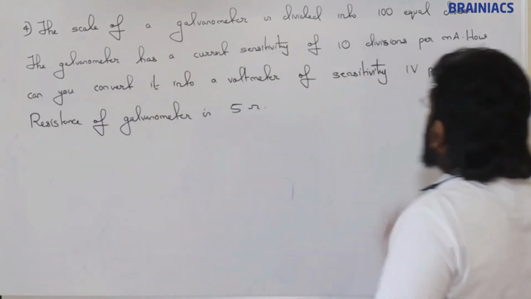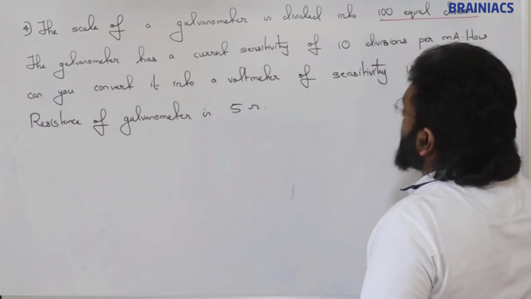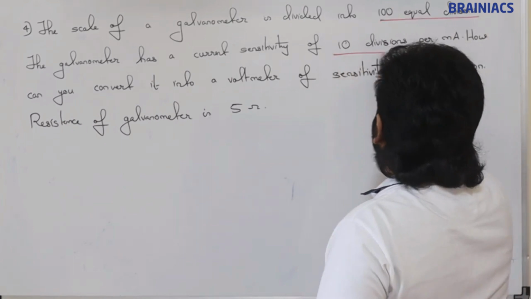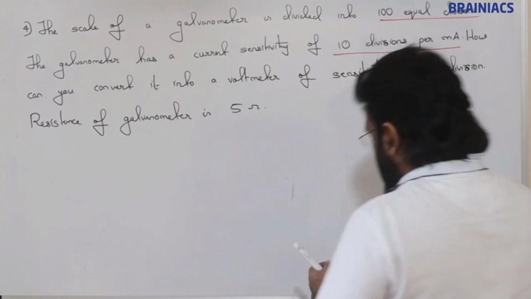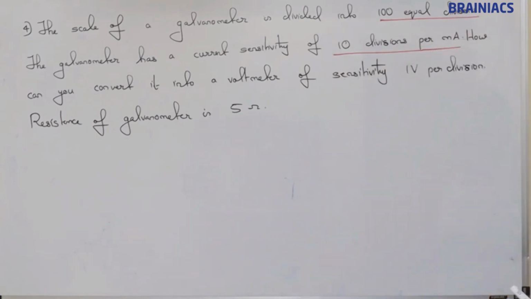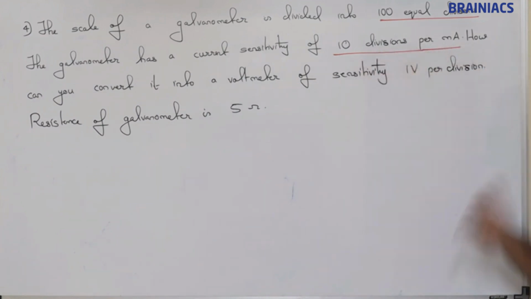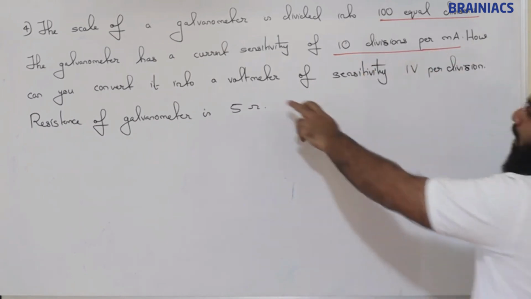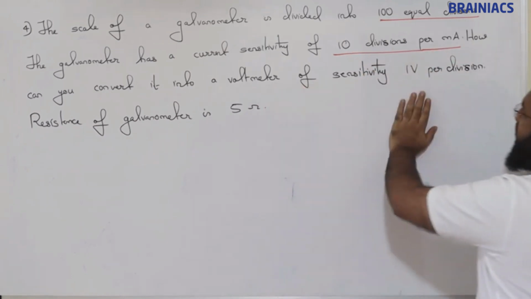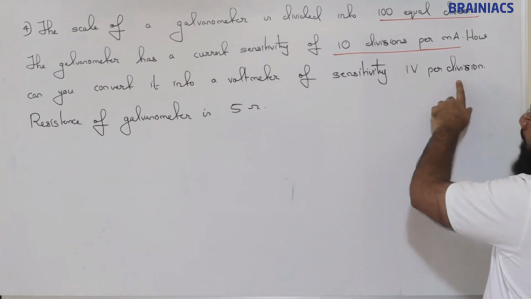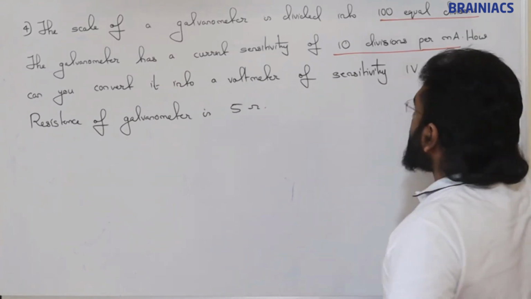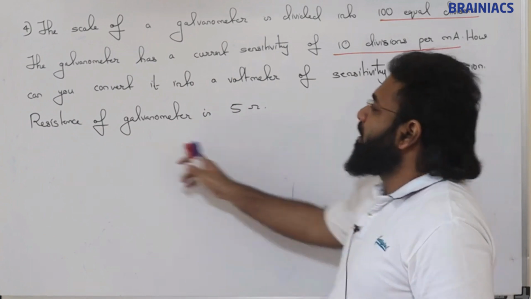So it has got 100 equal divisions, and a sensitivity of 10 divisions per milliampere. That is, for 1 milliampere, 10 divisions will be covered. So how can you convert it into a voltmeter of sensitivity 1 volt per division? 1 volt per division.